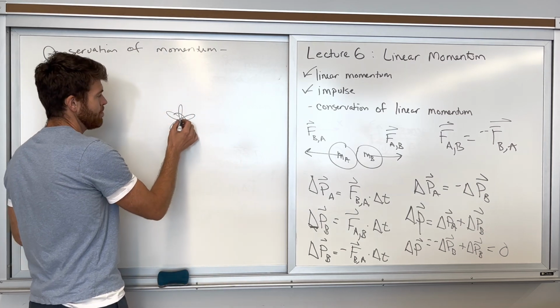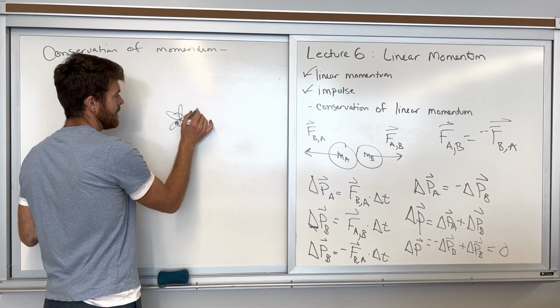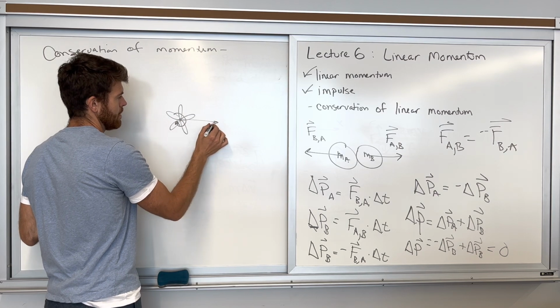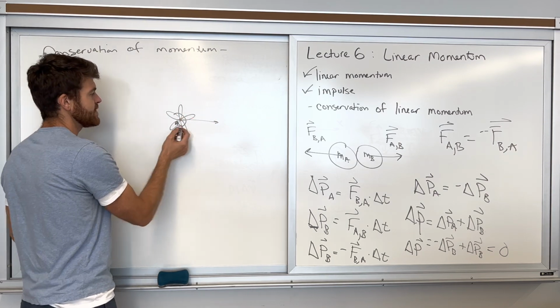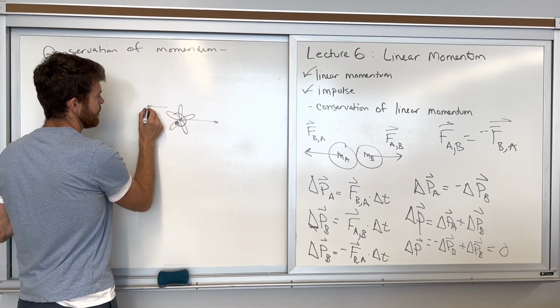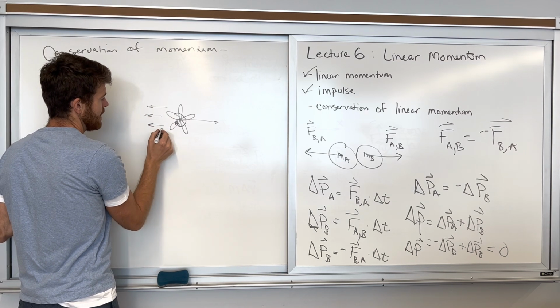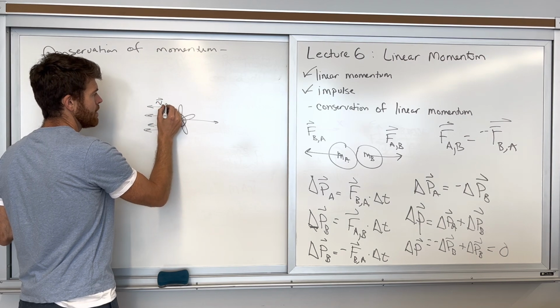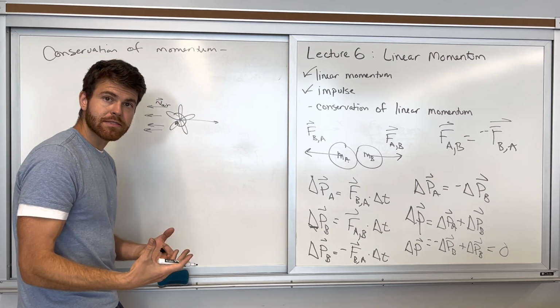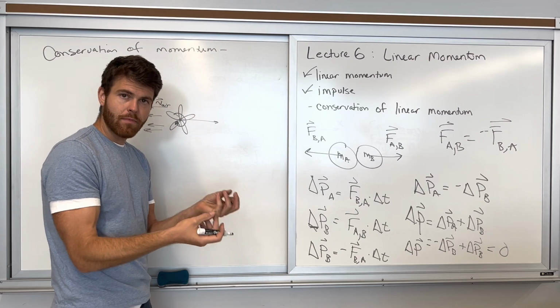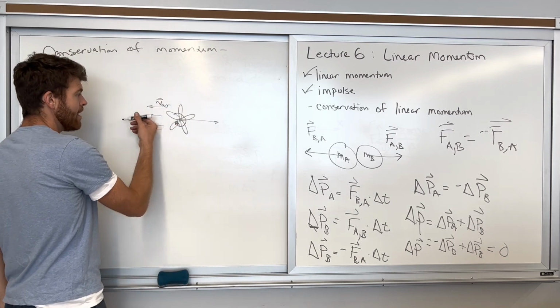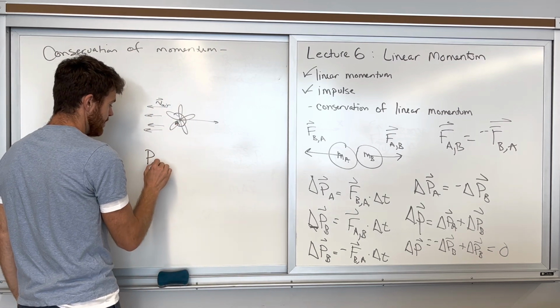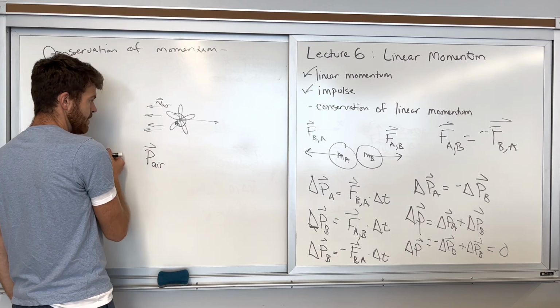So if the airplane propeller wants to propel the plane in this direction, then the airplane propeller has to spin in a way that it forces air in this direction. So it gives the air a velocity in this direction. Now the air has mass, right? Because it's atoms, it's molecules, it has mass. So the air is given a momentum in this direction.